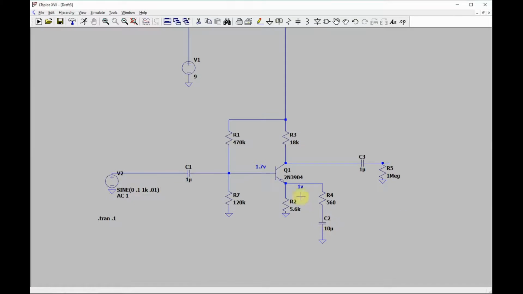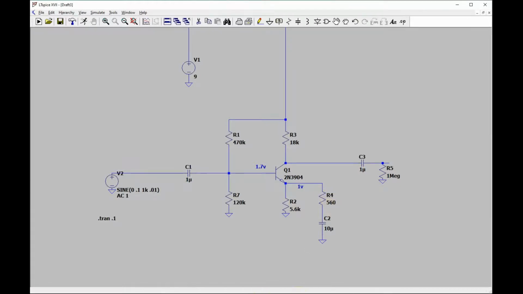Again, the resistance across here is going to be 5.6K times the HFE. But if you parallel it with something else, then you have to take this parallel into account. With this parallel resistance between here and here, you're basically left with the lower one because it's 10 times lower. So you end up getting something a little less than this.